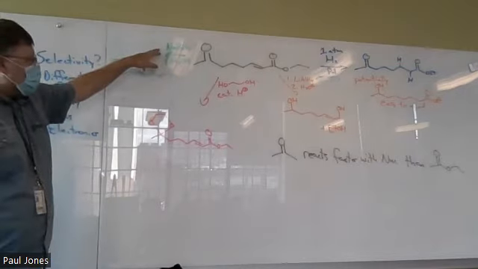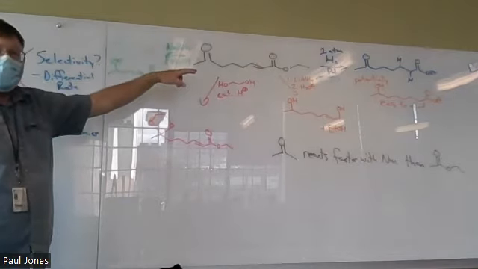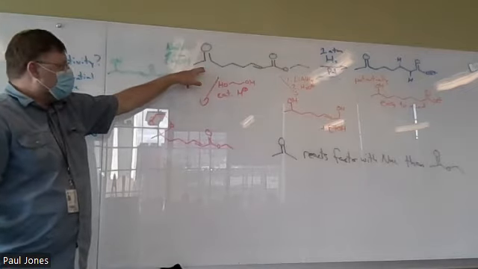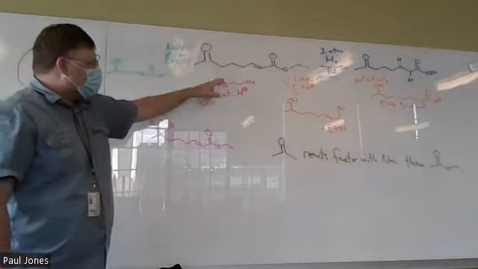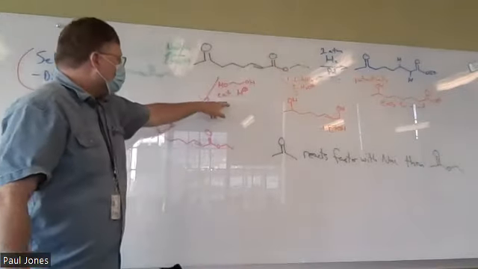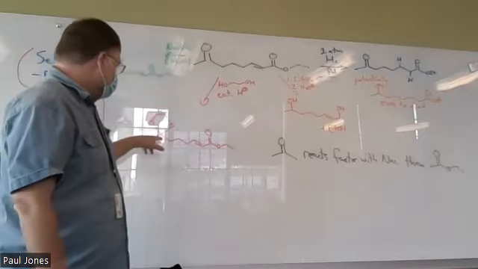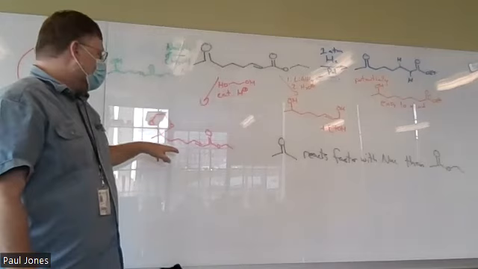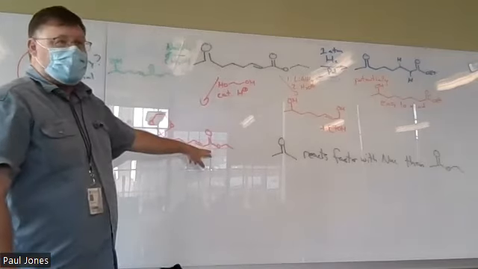Sodium borohydride is a weaker nucleophile than lithium aluminum hydride, so sodium borohydride only reacts with the ketone. Lithium aluminum hydride hits them both. The alcohol, if we make an acetal, we can make an acetal on the ketone, but not the ester.